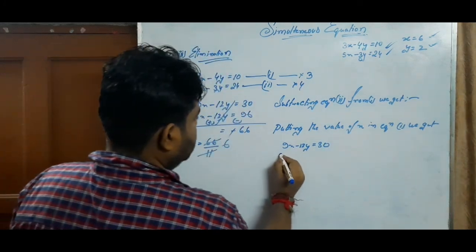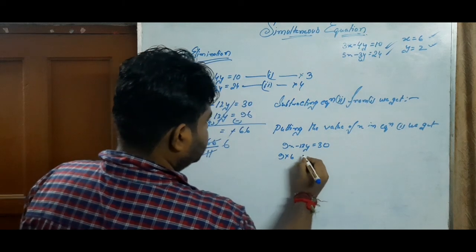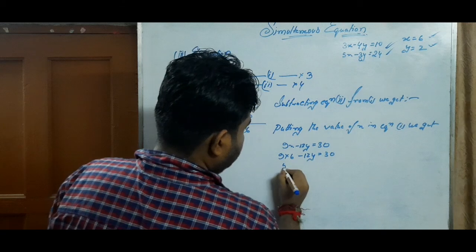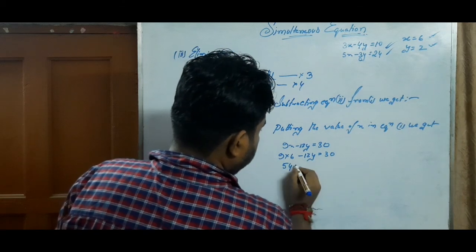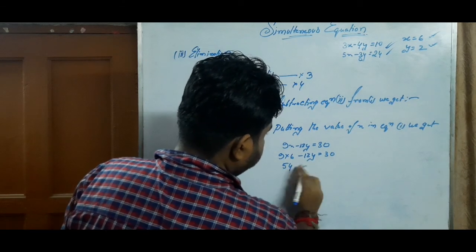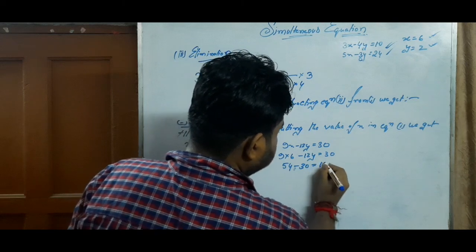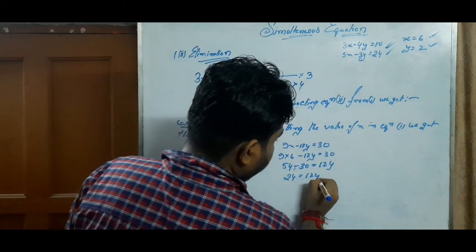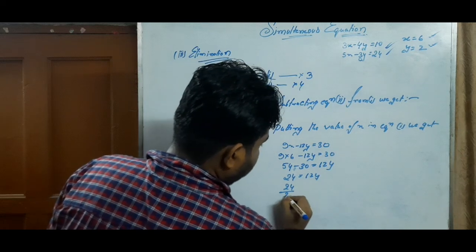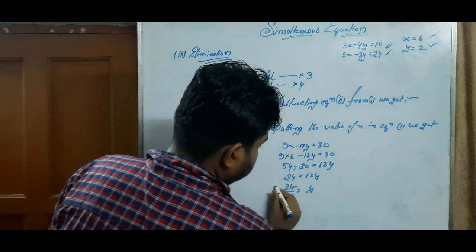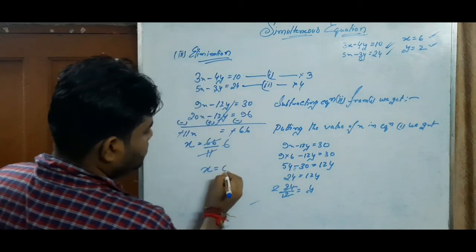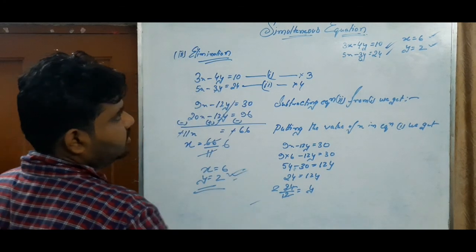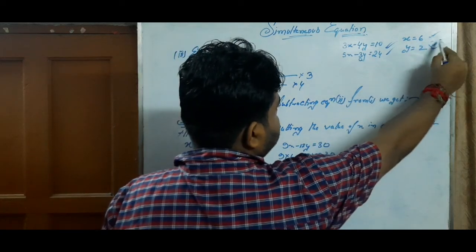So 9 into 6 minus 12y equals 30, or 54 minus 30 equals 12y, or 24 equals 12y, or 24 by 12 equals y, that is 2. So x equals 6, y equals 2. Just tally the answer. x equals 6, y equals 2.